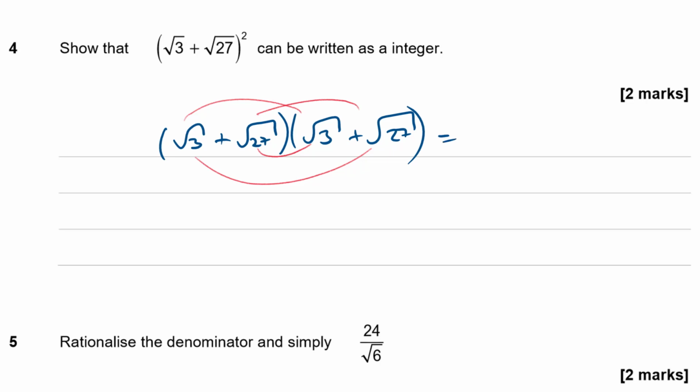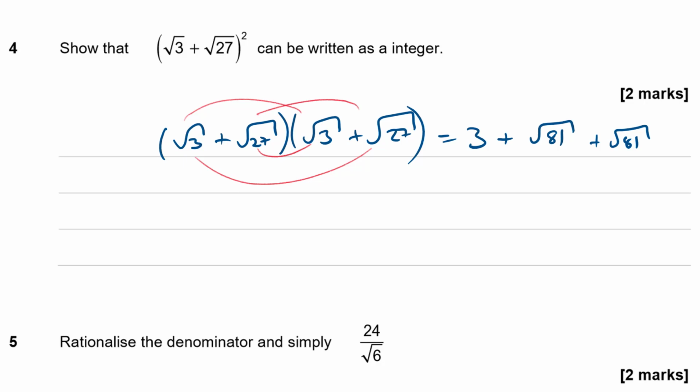Either way, I'm going to get root 3 times root 3, which is 3. I'm going to get root 3 times root 27, which is, well, 3 27s are 81, aren't they? So that's plus the square root of 81. And I've got root 27 times root 3, which is another root 81.